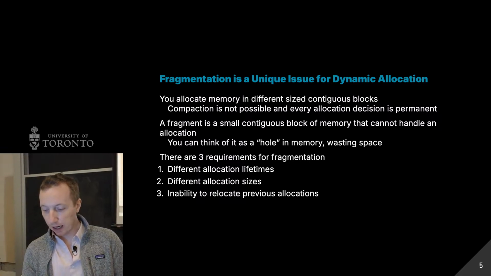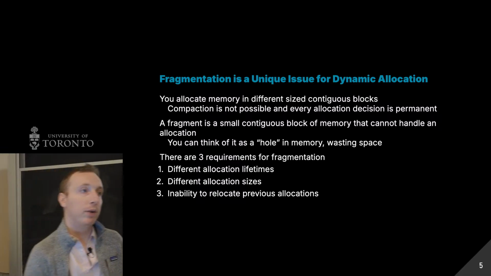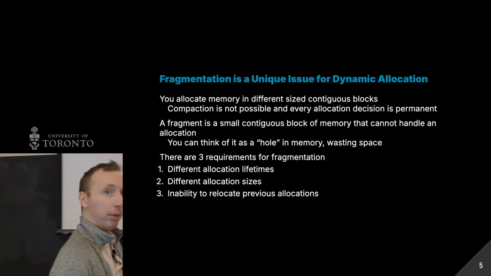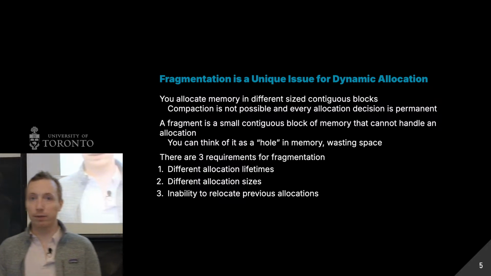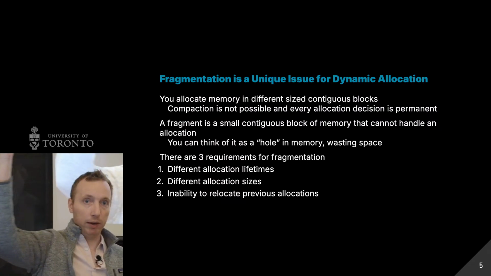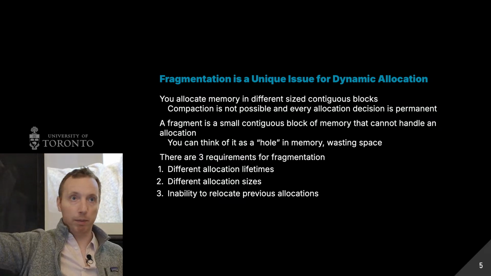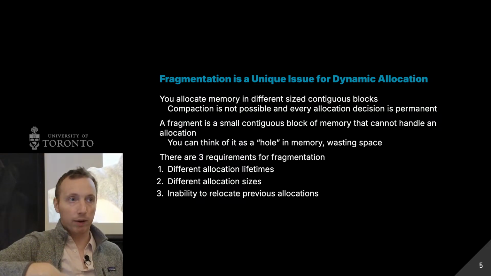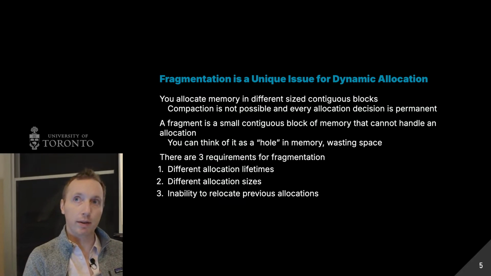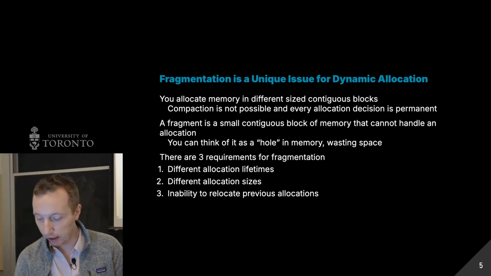If everything had the exact same lifetime, you don't have the problem of fragmentation. So with stack variables, they all live for as long as the function lives. So I just allocate them contiguously. They all live the same amount of time, so I can free them all together in a giant chunk. There won't be any holes. I can use all that space because they live for the same amount of time.